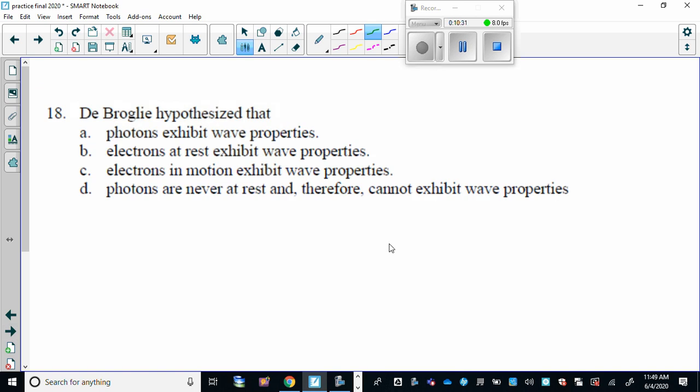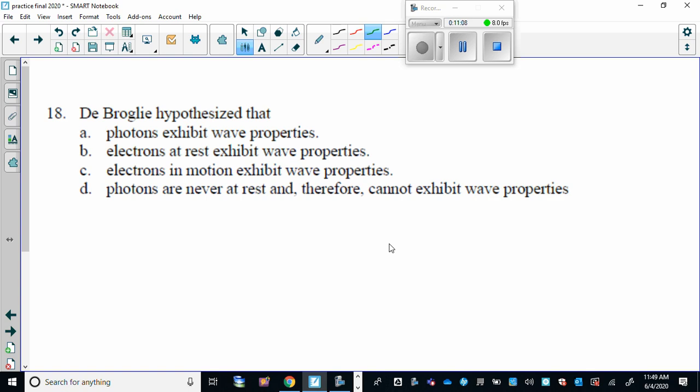18 is a knowledge question. De Broglie was responsible for, he said that when we discovered that light has particle properties after the diffraction experiment, the photoelectric effect, and the Compton effect, De Broglie asked, since electrons diffract through a diffraction grating, is it possible that all particles have wave properties?